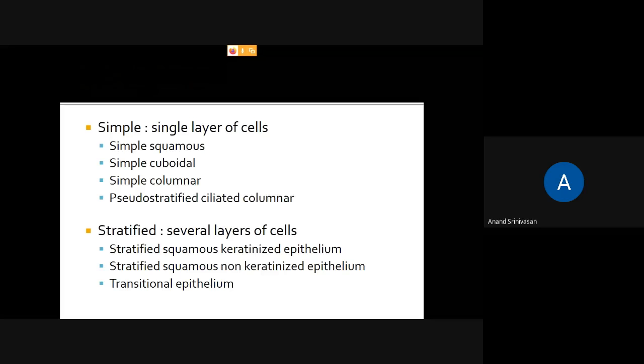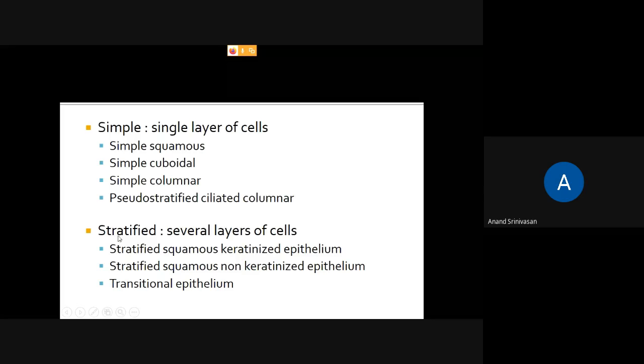Now, there are different varieties of epithelial cells. There is simple epithelium, and another is called stratified epithelium. Simple epithelium means a single layer of cells. Stratified means several layers of cells. Simple epithelium is divided further into four types: simple squamous, simple cuboidal, simple columnar, and pseudostratified ciliated columnar.